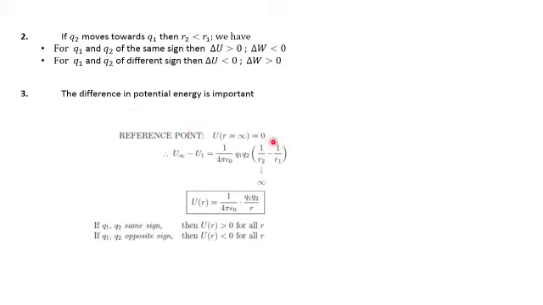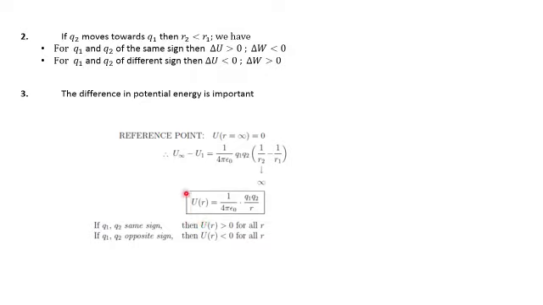So in our case, if we set the second position of Q2, when it was at a distance R2, to infinity, and R1 to R, and insert these in the last equations, after simplification we will get this potential energy relation.